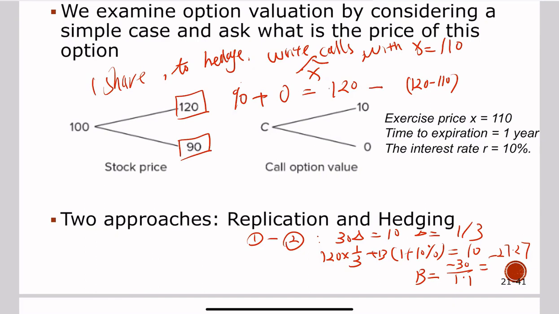But 120 minus 110 only gives you the payoff of one call, and you have written several calls. So you have written X number of calls, so you should write X here. Now this will help us to solve for X. What is X? Well, it's easy to see that X equals 3.